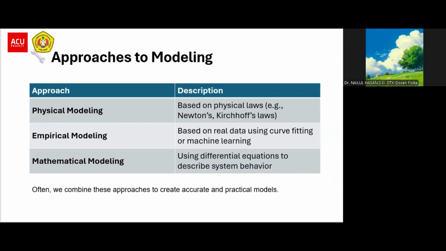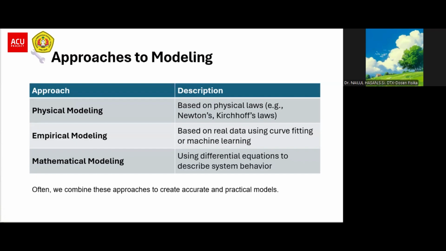Approaches to modeling. We can use first principles modeling, which relies on physical laws, Newton's laws, for example, conservation of energy, thermodynamics. We can use empirical modeling, which comes from experimental data and statistical fitting.